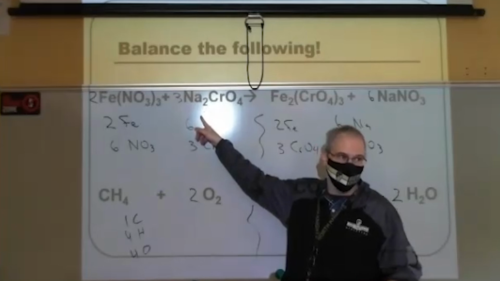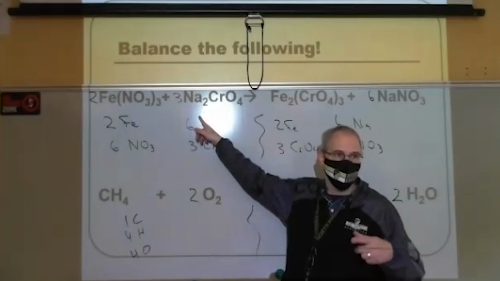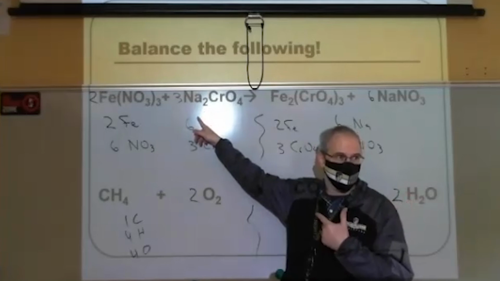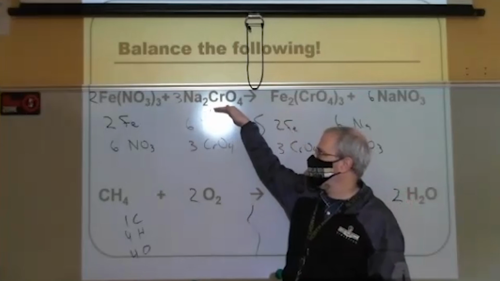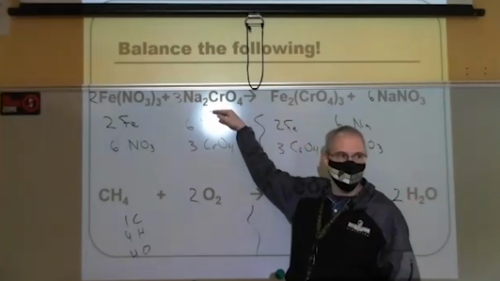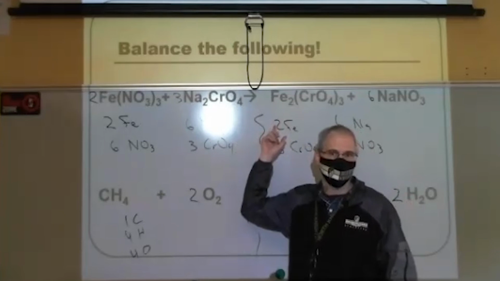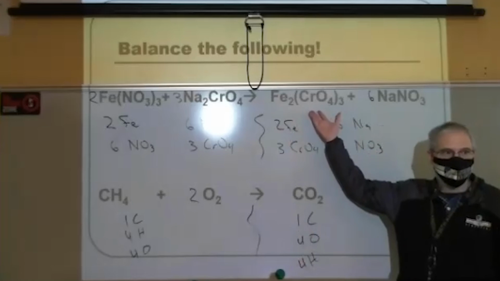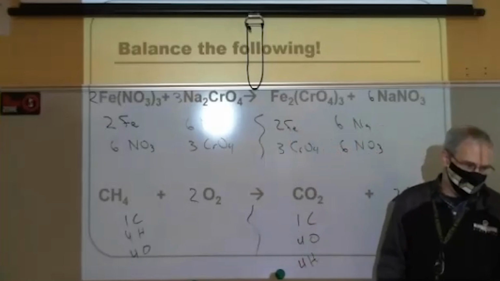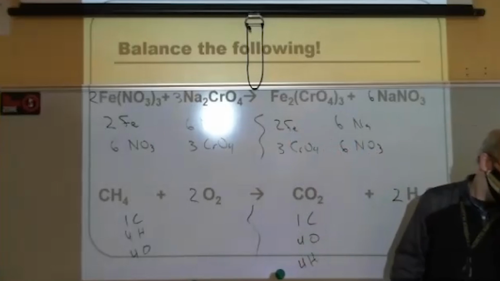We can count those, and when we get through balancing equations and predicting products and reactions, we'll get into that math where you can weigh something and then tell me how many atoms it is and how much of the product you're going to get, right? We'll get into that. But for right now, you're just adding the number of molecules until you get the numbers right so that you have a ratio that will work, right? And then when you do the reaction in the lab, the numbers that you see here and the math that you write down will match what you see in the lab. Let me know if that answers the question.